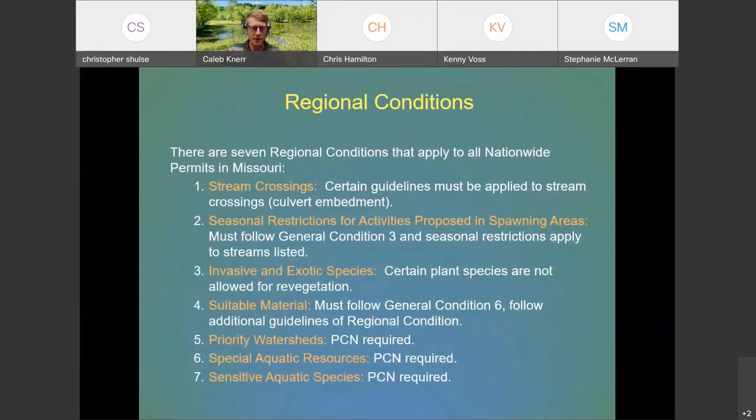Suitable material must follow General Condition 6 and Regional Condition 2, as well as the Missouri Regional or MOU conditions. Priority watersheds require notifications for work in a priority watershed, and then special aquatic sites require PCN, and sensitive aquatic species require PCN.